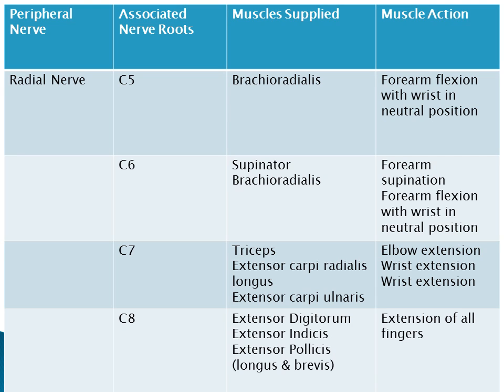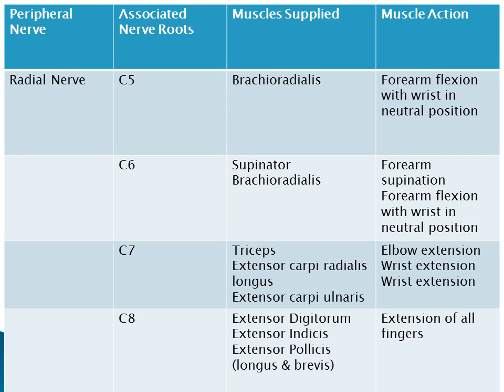The C6 portion of the radial nerve goes to both the supinator and brachioradialis muscles. The supinator is involved with forearm supination, and the brachioradialis, as I said, is involved with forearm flexion with the wrist in neutral position. When the wrist is in a supinated position, forearm flexion is accomplished by the biceps and brachialis muscles primarily.